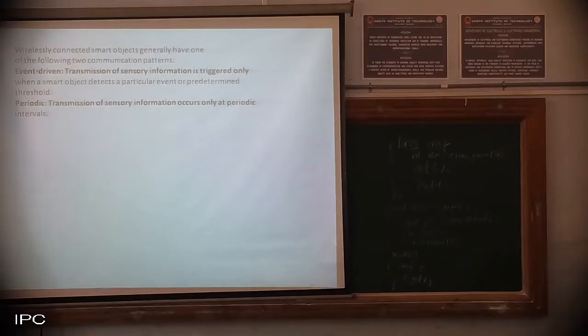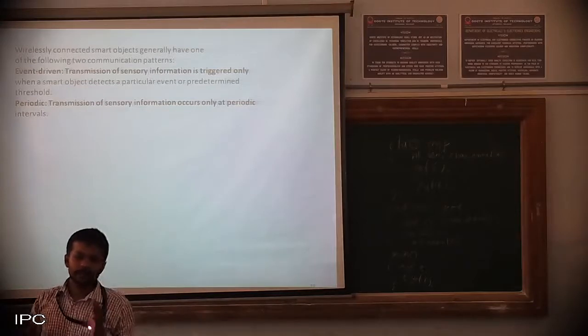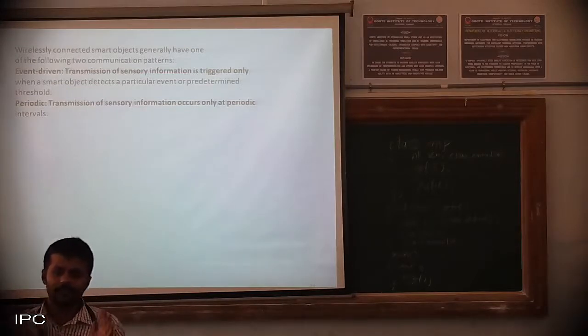Event driven means transmission of sensory information is triggered only when the smart object detects a particular event or predetermined threshold. Whenever some particular phenomenon happens, only then will it be sensing; otherwise it will be quiet.